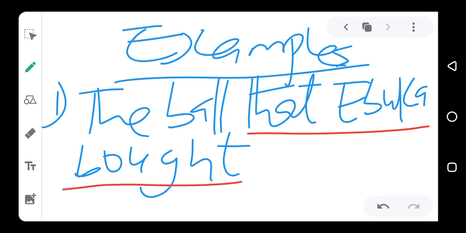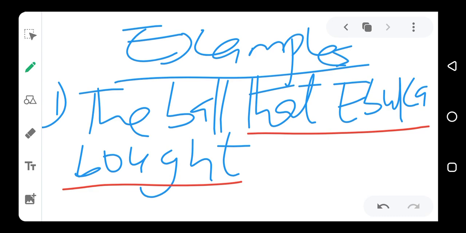First of all, we try to know whether this part of the sentence is a phrase or a clause. When you see a group of words, you first try to know whether it is a phrase or a clause. The difference is that a clause contains a verb, while a phrase does not.